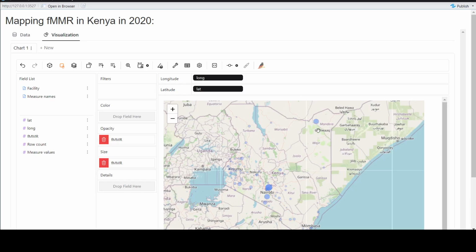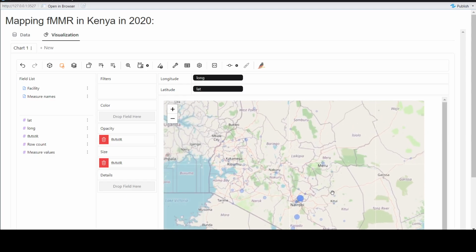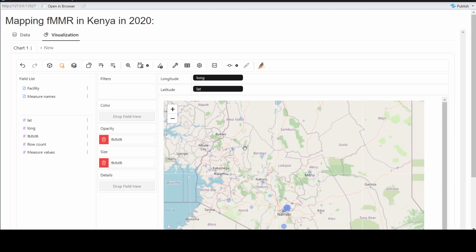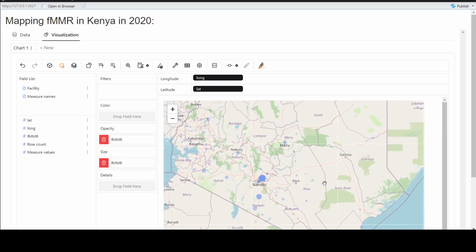So you can see this is quite high in the northeastern region. Again, in Nairobi, in Kajiado region, a bit less in the western part of Kenya. So mostly in the city, Nairobi, the capital city.